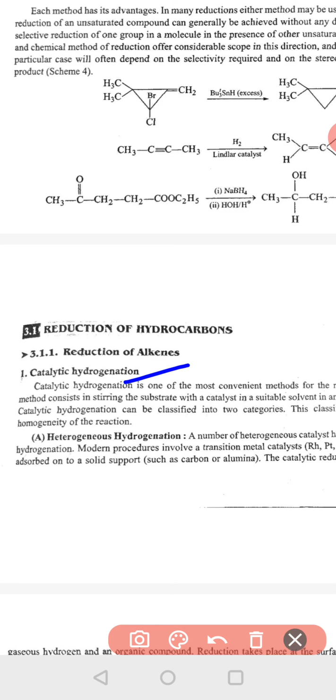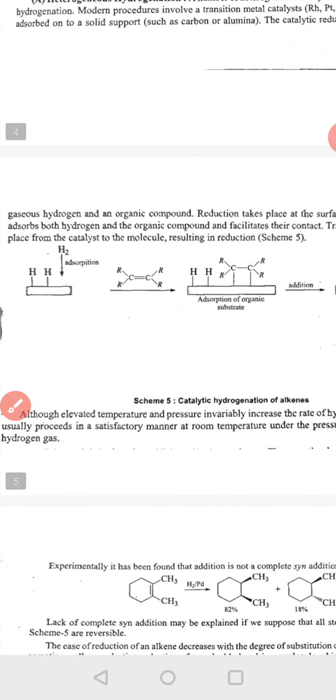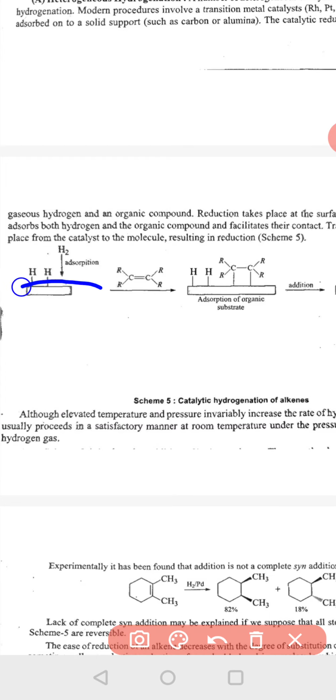See what happens, this is the example. This is the surface, this is a solid support surface such as carbon. The catalyst is present on the surface of this carbon. In the first step, hydrogen gas is passed through this solid support which has catalyst on its surface.